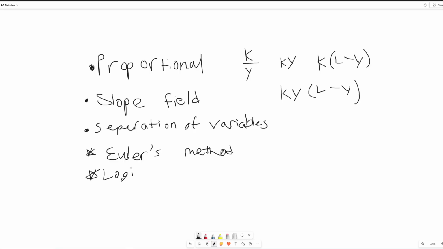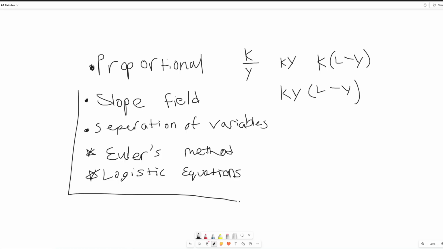And logistic equations. So this is a pretty small unit. All of these, at least these 4, will appear on the test at least once. You can get a question like this on the test. Not guaranteed, but these ones absolutely you need to know.